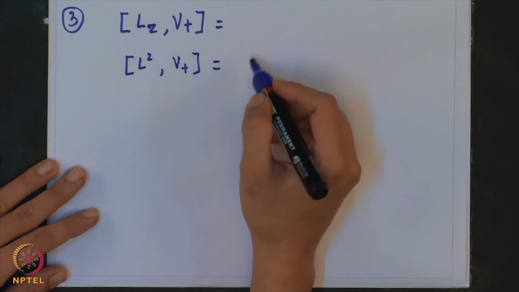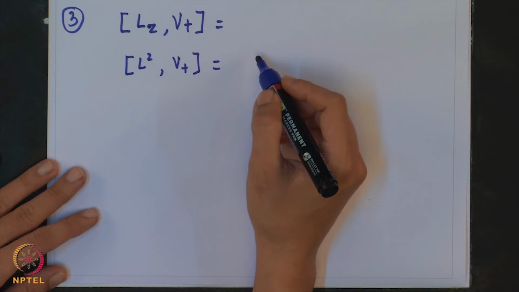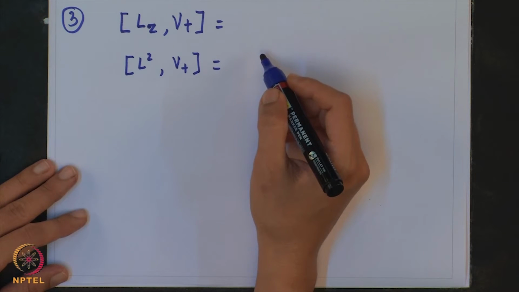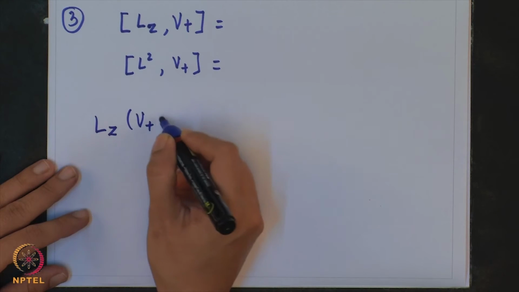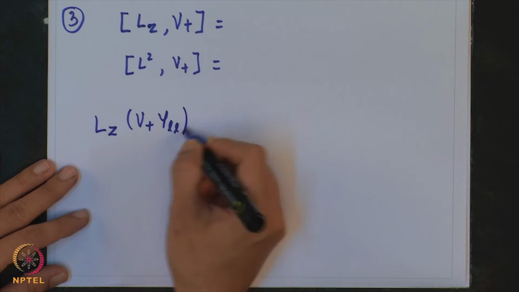So, these two relations are given to you and you have to calculate what happens when Lz acts on V plus |Y_LL>.